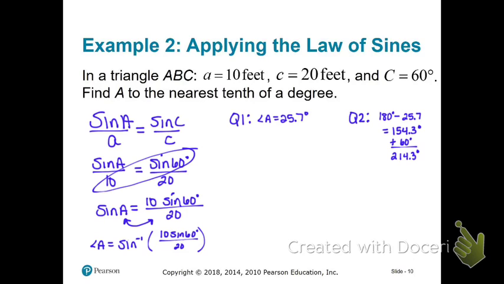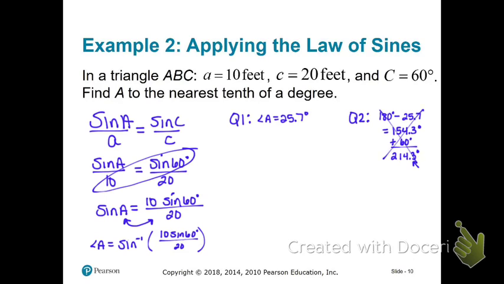So if I use the 154.3 degrees, my triangle already has 214.3 degrees in it total, and I don't even have the third angle yet. Is that possible? No. So this number right here has to be less than 180 in order for us to have a second triangle. So this one's not less than 180, so that means there is no second triangle.